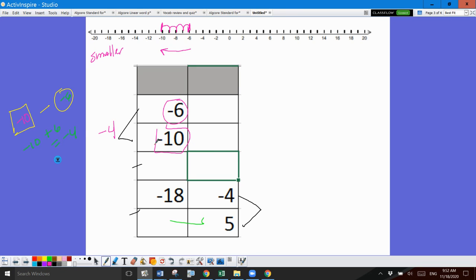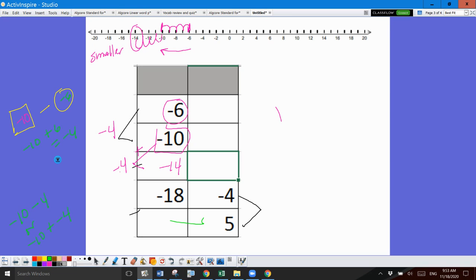Okay, so now we got to go to the next number. So -10, and we're going to go ahead and add these. -10 plus a -4. So if I go again, 1, 2, 3, 4, where am I? I'm at -14. And if I check my math, -10 minus 4, or -10 plus the -4, I like to think about it as plus sign, that's going to be a -14.